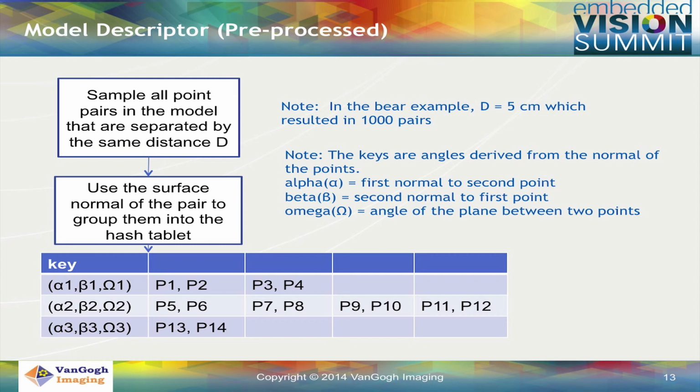So that's for one point pair, right? Then you assemble this table, because you're going to have some pairs of points that have a similar descriptor, similar three angles. So you create this hash table and that becomes your model descriptor.